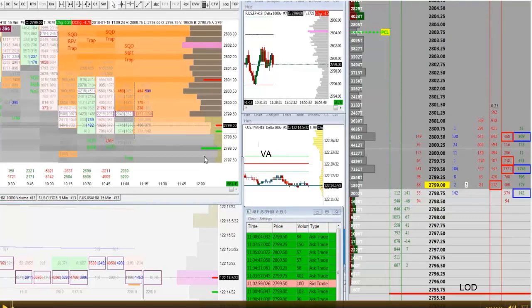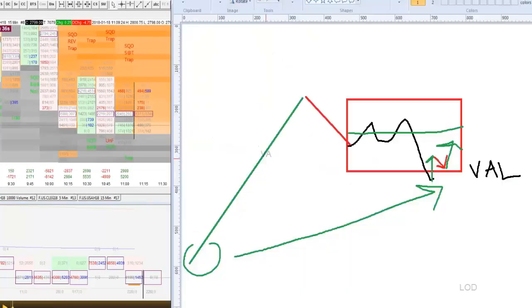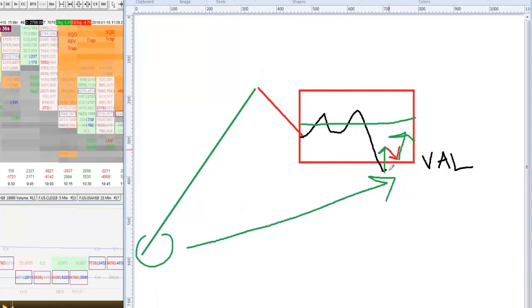So the low is actually this part. Here's the actual low of the day, but here's the value area low. So short-term low. Now this is a structured low.